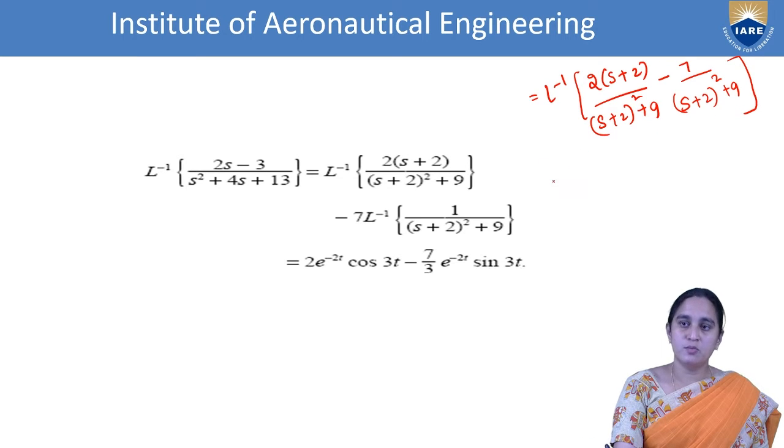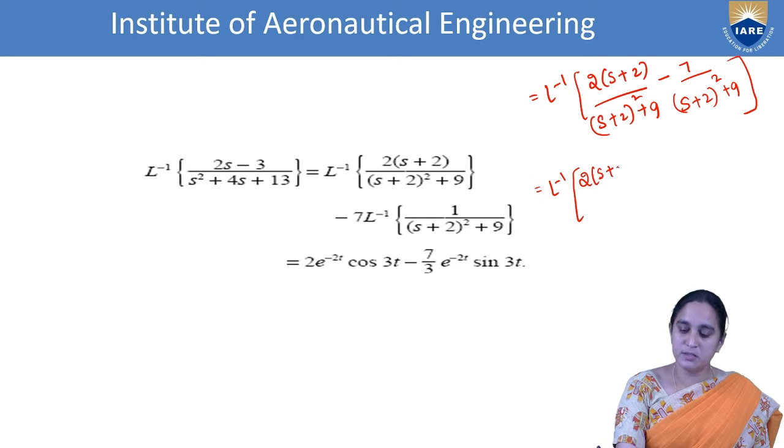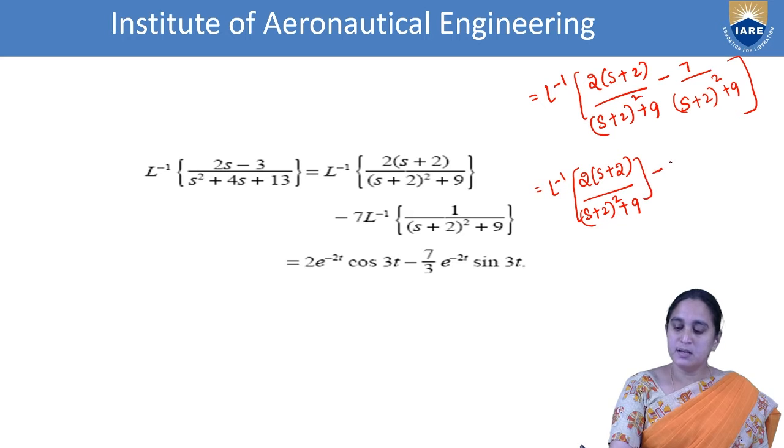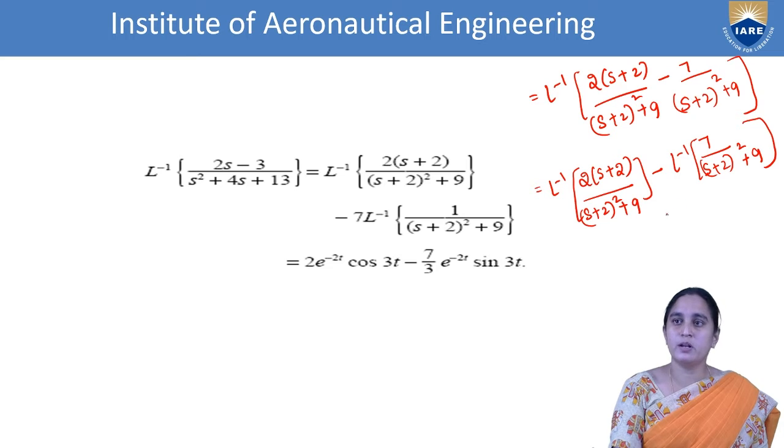Now I am applying the Laplace inverse on both the terms, that is 2 into s plus 2 by s plus 2 whole square plus 9 minus the Laplace inverse of 7 by s plus 2 whole square plus 9. 9 means simply write 3 square also.